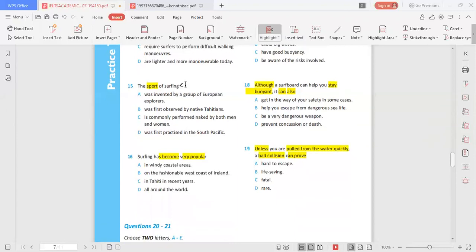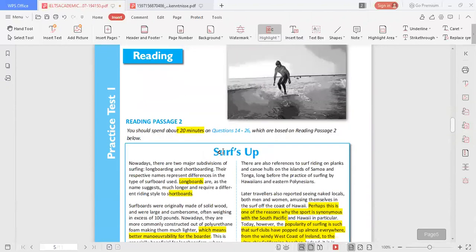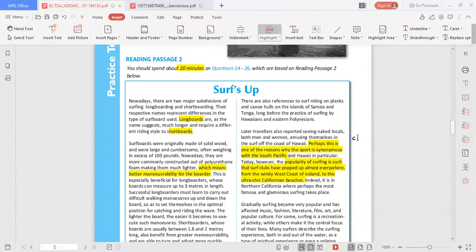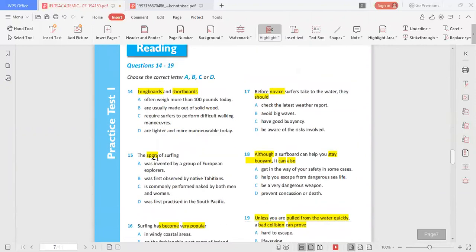15, the sport of surfing. So notice how I did not highlight surfing as a keyword because words in the title of the text are not keywords since you will find this word several times in the text. So avoid highlighting words as keywords that are part of the title.